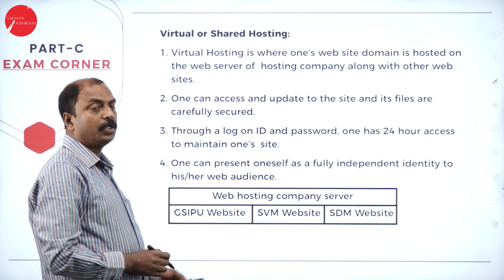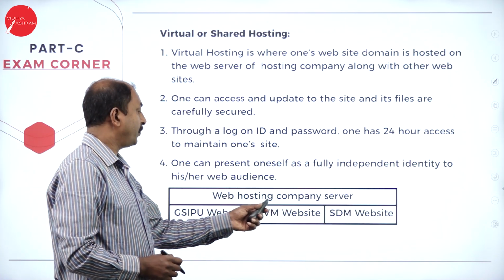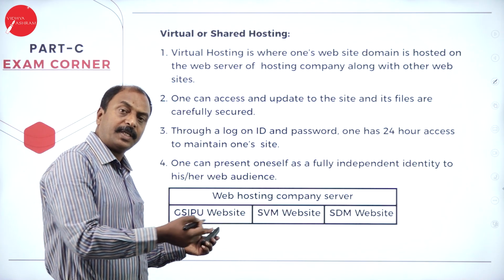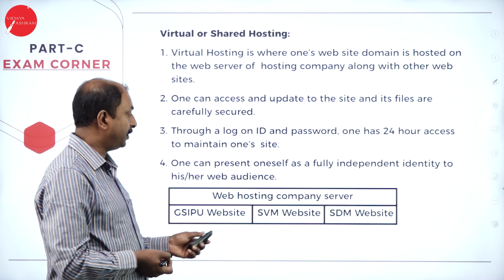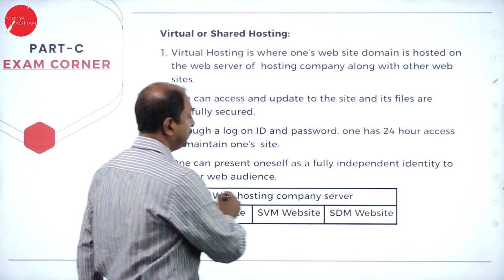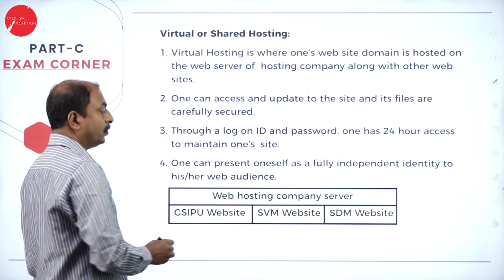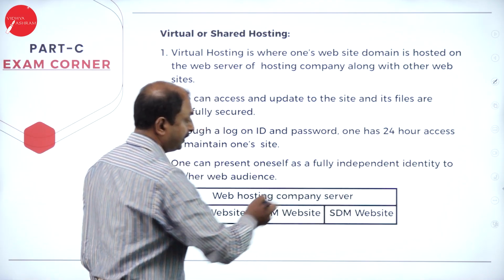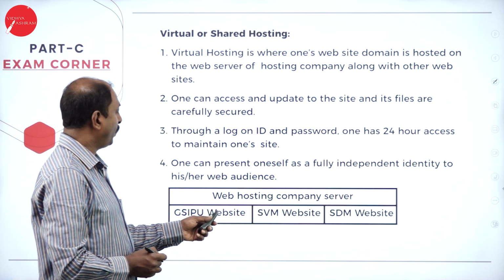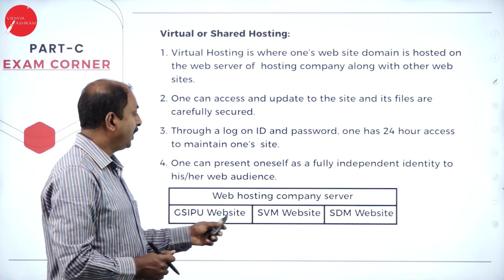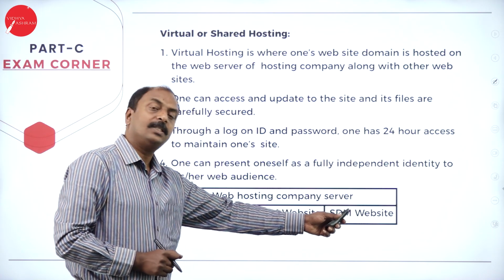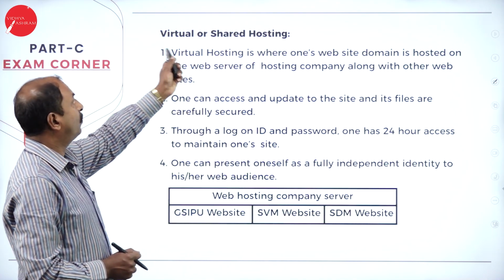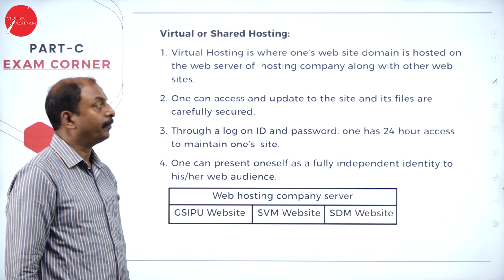They are going to share their server for web hosting companies' or any organization's websites. In this example, this is the web hosting company. They have shared their server for three different organizations. So here, this is one website application, this is the second application, and this is the third application. So this is virtual or shared web hosting.